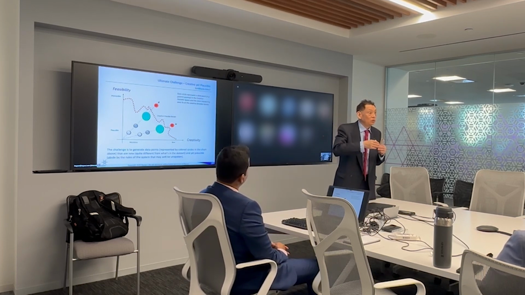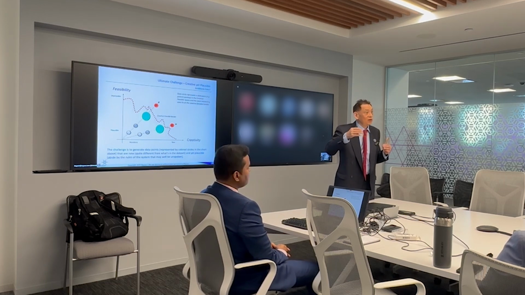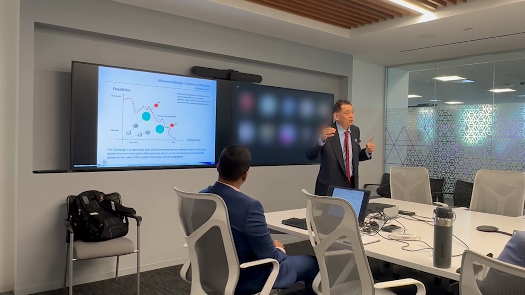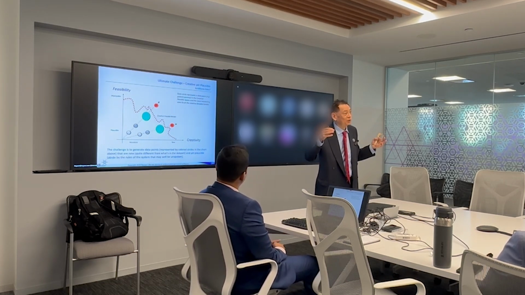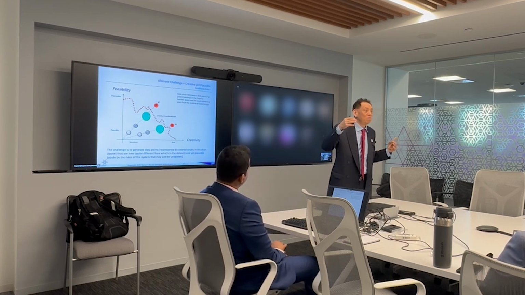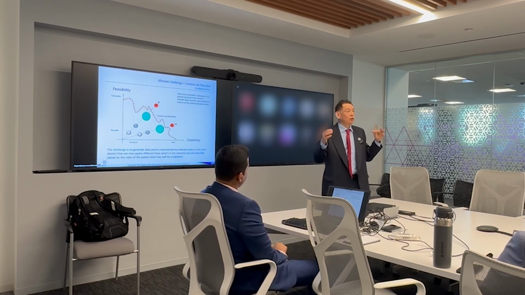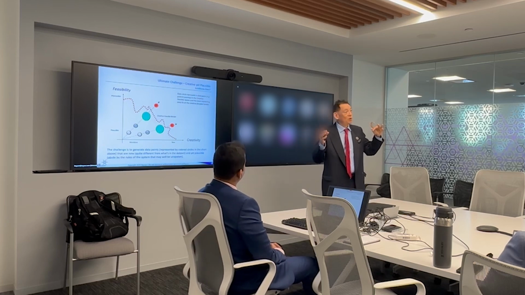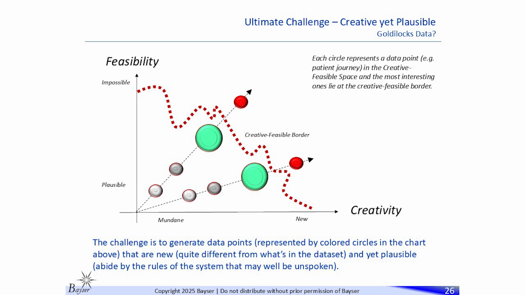If you're too creative, then you run into the feasibility issue, because you start to, let's use the word, hallucinate, like in an LLM. You're going to make up things that are just impossible, right? So the Goldilocks synthetic data would be creative enough, but still respect the fidelity, the accuracy, or the feasibility of what's going to happen.